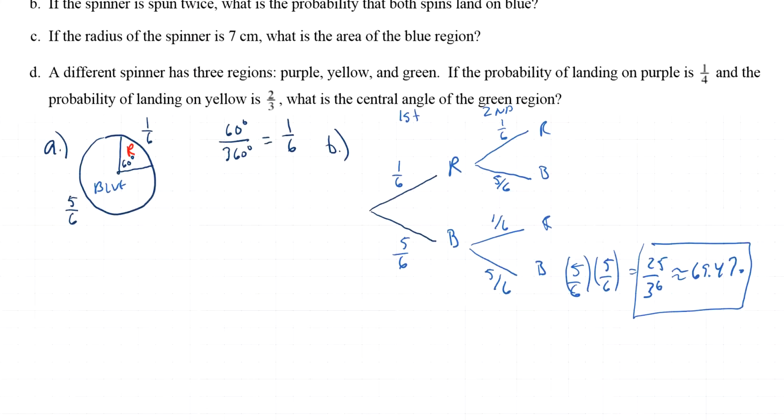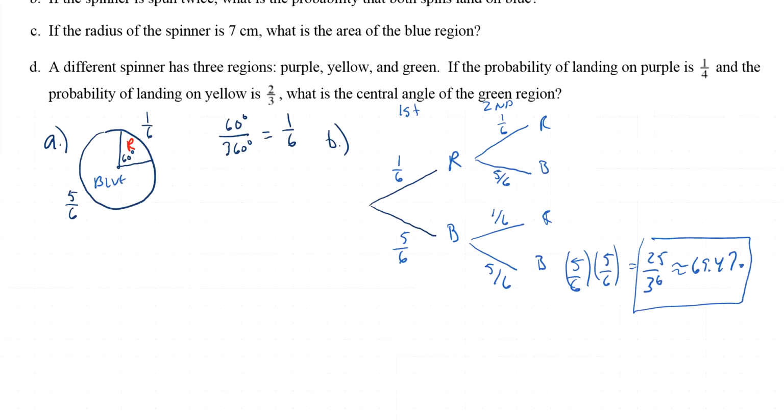In C it says if the radius of the spinner is 7 centimeters, what is the area of the blue region? Okay, so the blue region is going to be area equals 5/6, because it's 5/6 of the circle. I could figure out if this is 60, then it's 300 out of 360, but if we already know this is 5/6 of the area, then let's just go with that.